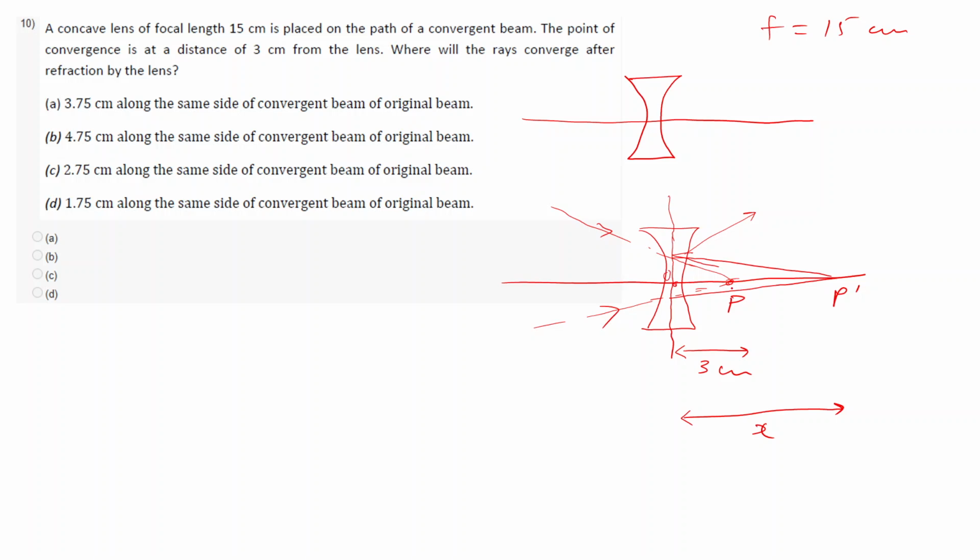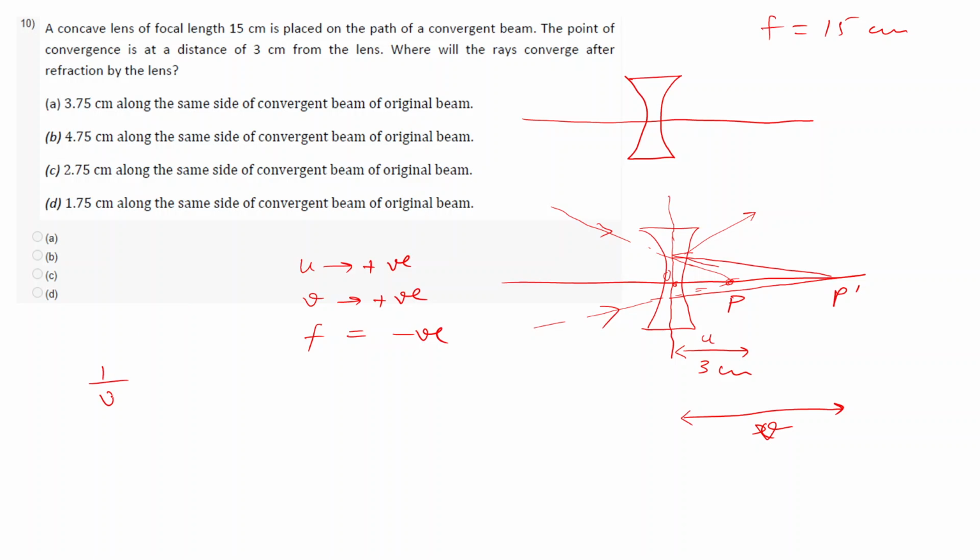This OP becomes the object for this concave lens, and the image is forming at OP prime. So this becomes object distance for the concave lens, and this becomes image distance. In this sign convention, U will be positive, V will be positive, and focal length will be negative for a concave lens. So here U is 3 centimeters.